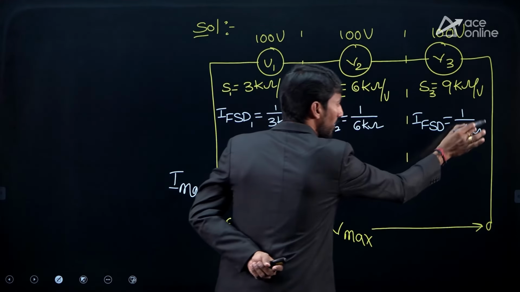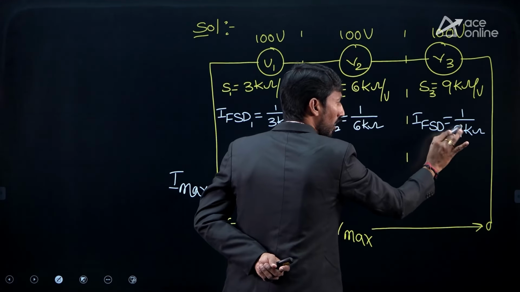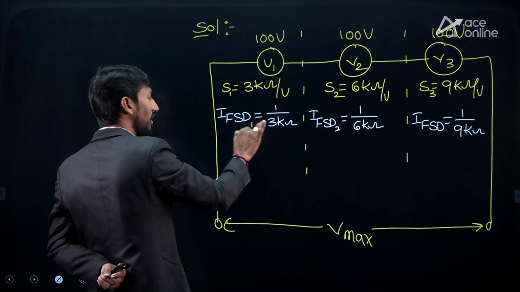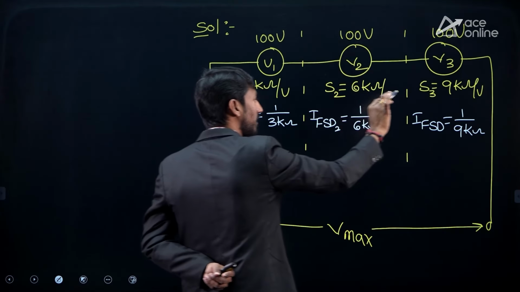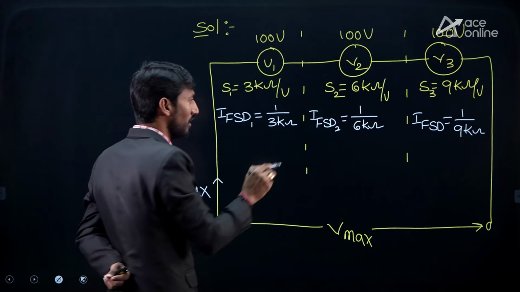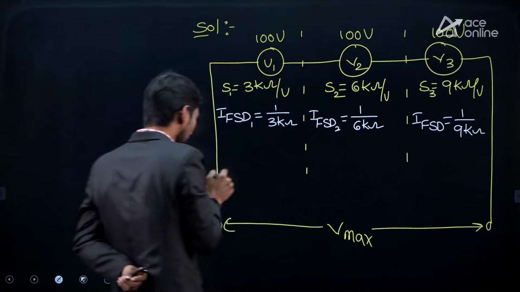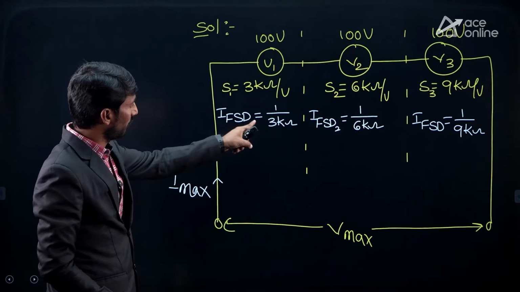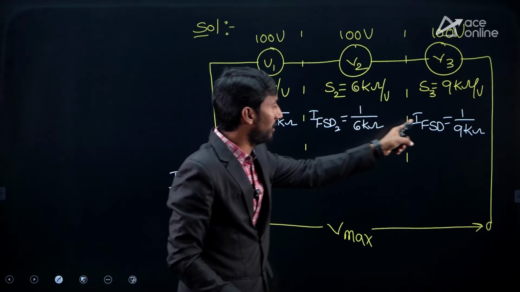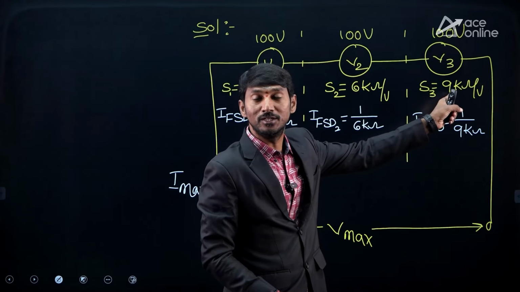Suppose 1 by 9 kilo ohm of ampere current is flowing. Yes, this meter will be safe, this meter will be safe, and this is also safe. Means all meters are safe. But if I am sending 1 by 6 kilo ohm current through this, it will be safe, but 1 by 6K will be more than this one. This instrument may be damaged.